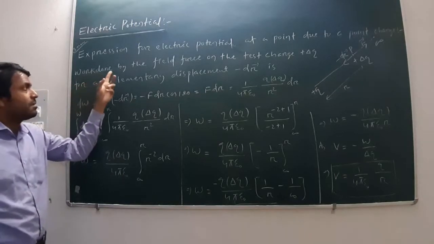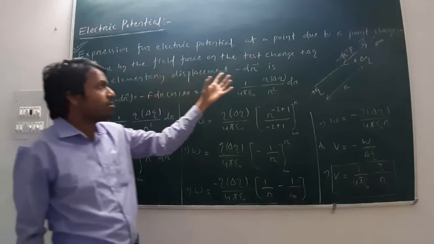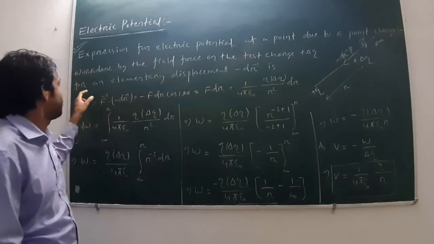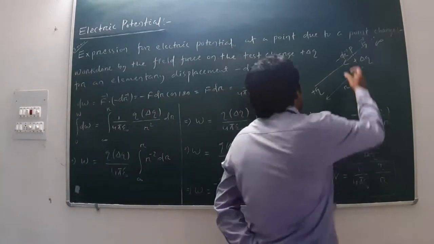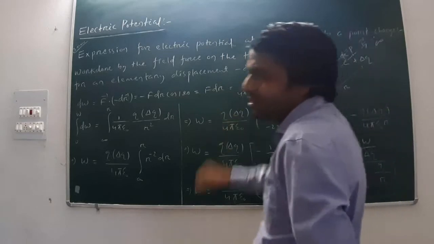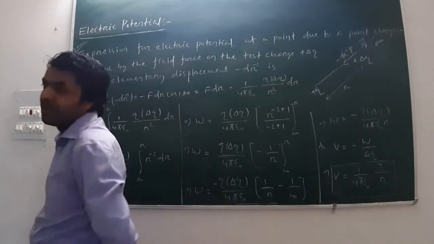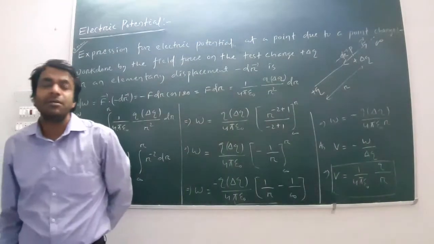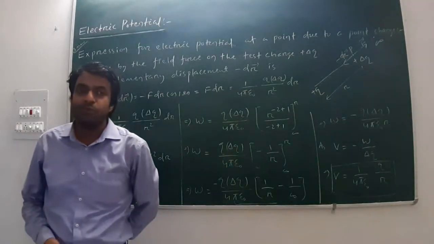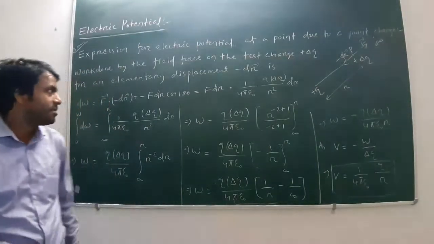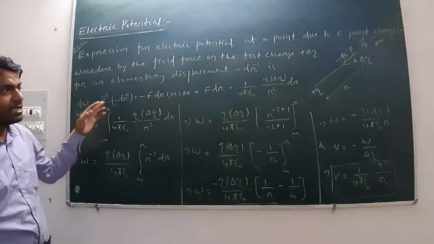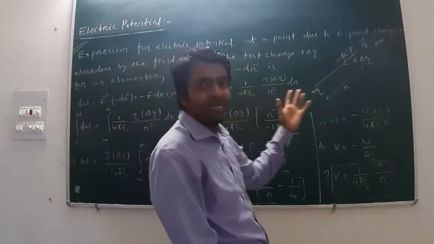Then the work done by the field force on the test charge plus del q for an elementary displacement minus dr vector is, according to the definition of work done, W equals force vector dot displacement vector. So dW is equal to, why have I taken dW?